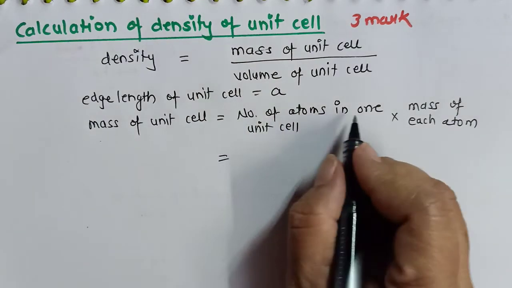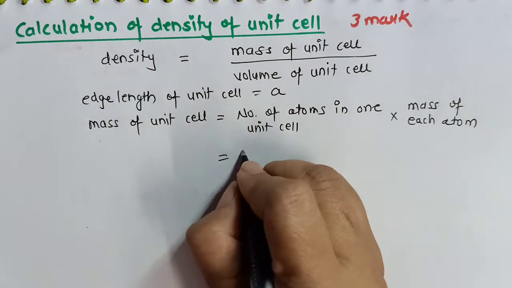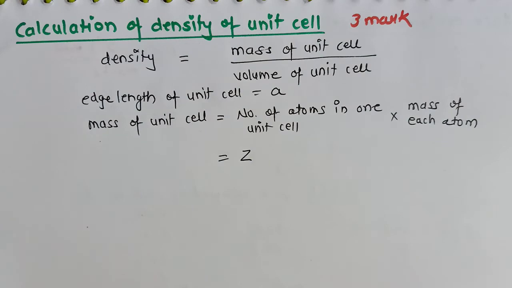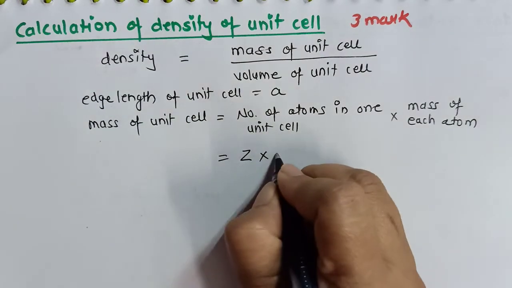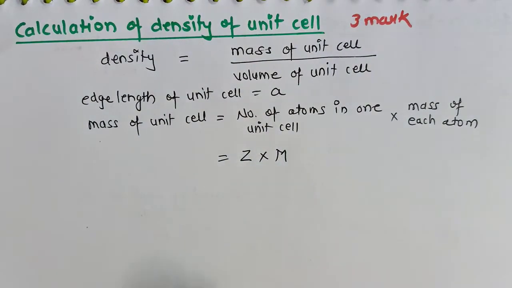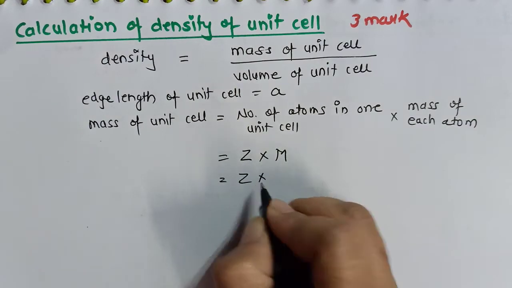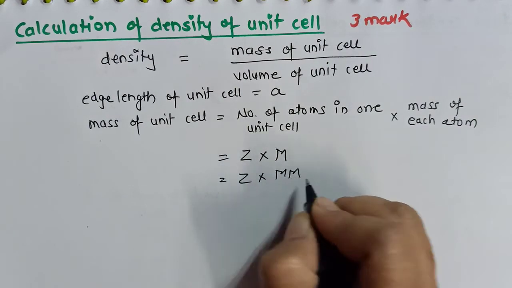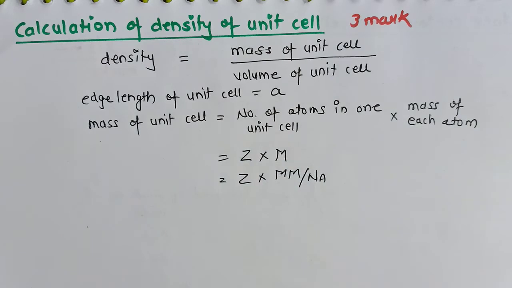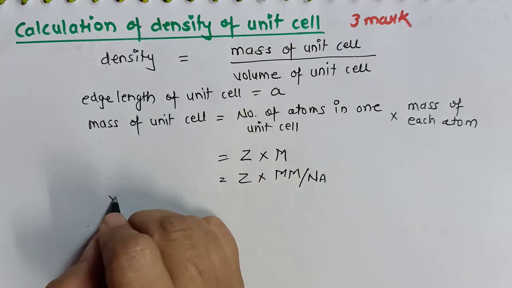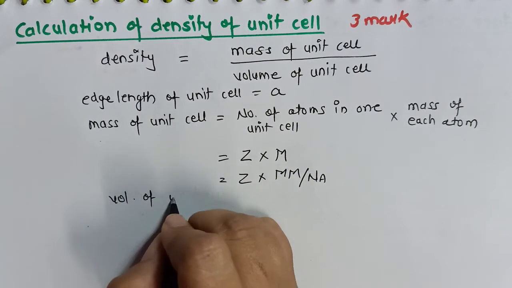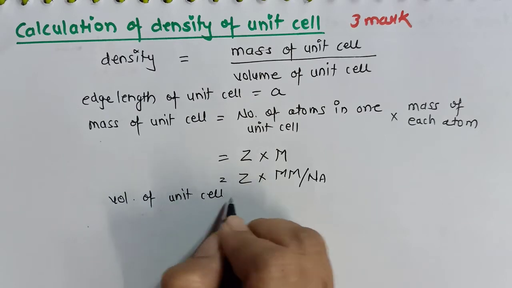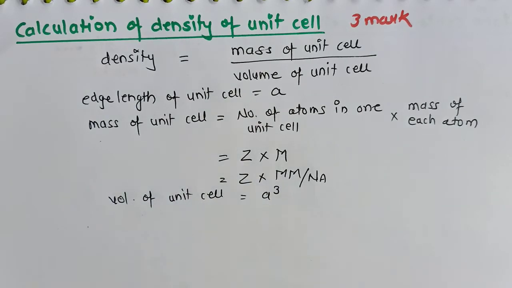So number of atoms in one unit cell, we know that it is Z. It is the rank of the unit cell. Into mass of each atom, which can be denoted as m. So m equals molar mass upon Avogadro number. How do we calculate the volume of the unit cell? It is simply a cube.